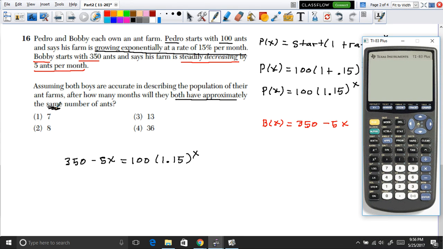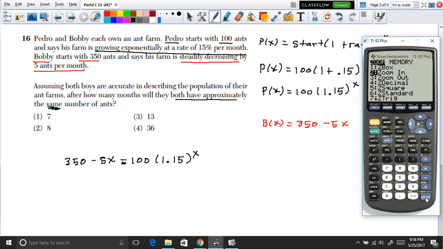If we want to know when they are equal, we want to find out at what value of x they will be intersecting. For that, let's just graph it here. Let's graph the first function, which is 350 minus 5x, and the second function is 100 times 1.15 to the x.